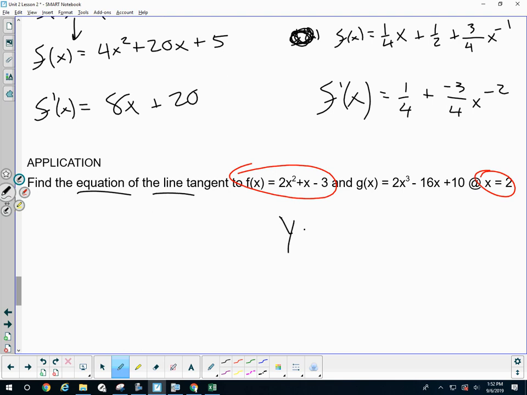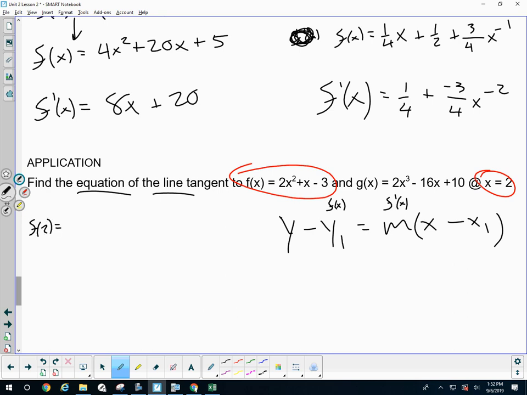Your goal is to develop something like this. We did this on our quiz. We should be comfortable with what we need. The slope comes from the tangent slope generator. The y-coordinate comes from the function. The x-coordinate's given to you. So, let's get our point.